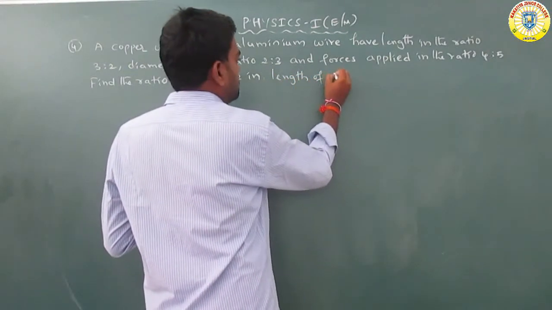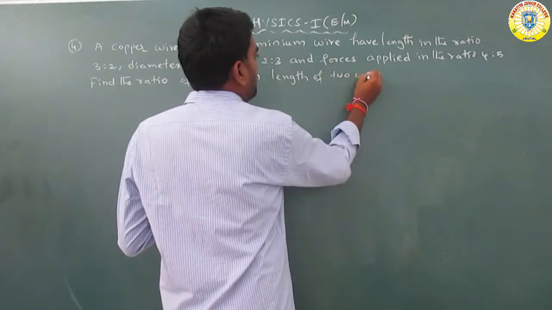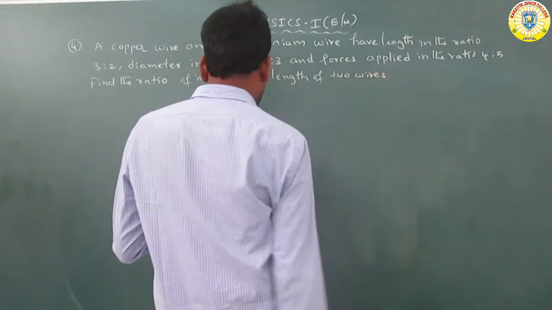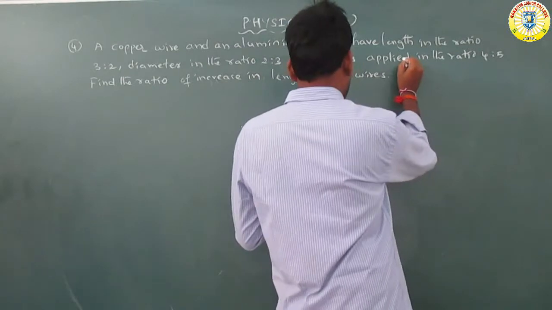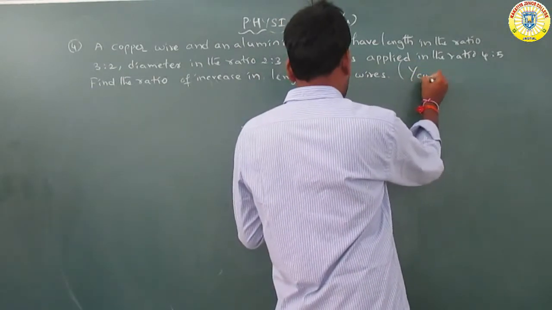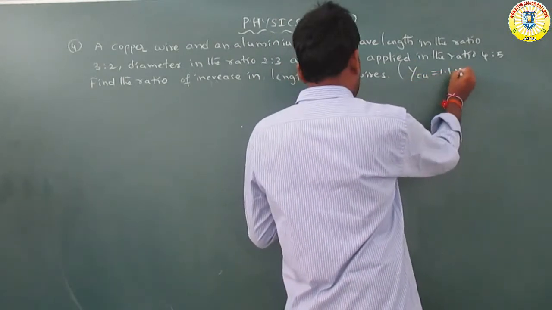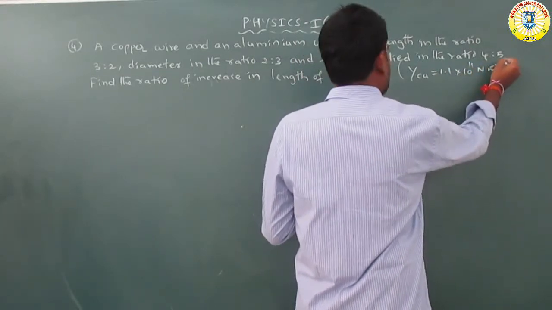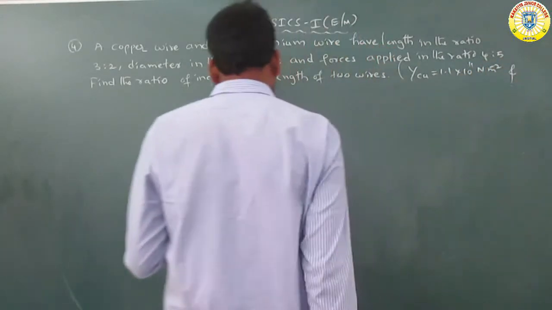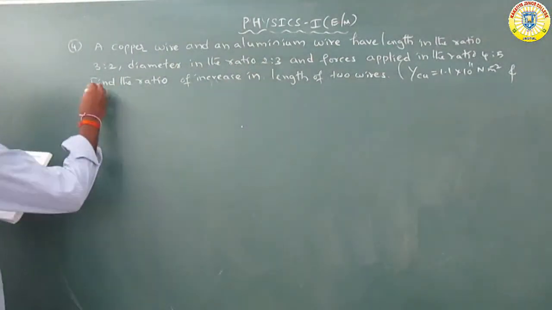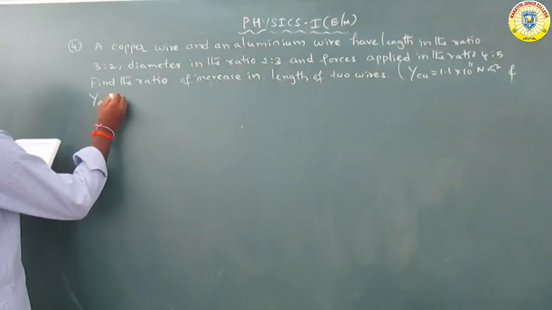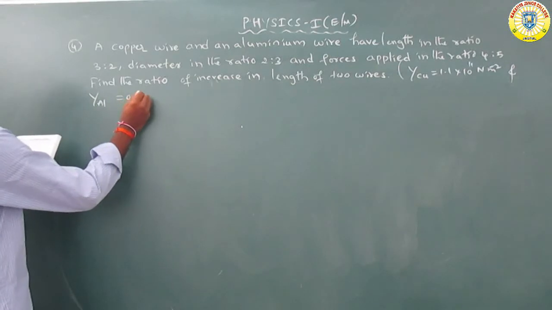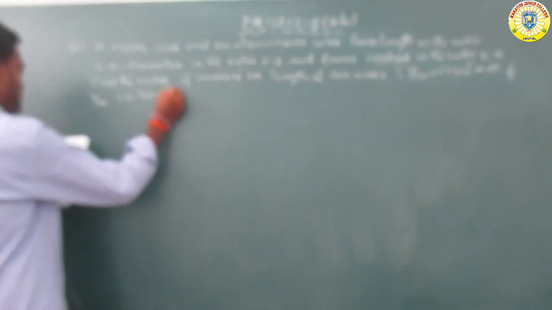The Young's modulus of copper is 1.1 times 10 to the power of 11 newton per meter square, and of aluminium is 0.7 times 10 to the power of 11 newton per meter square.